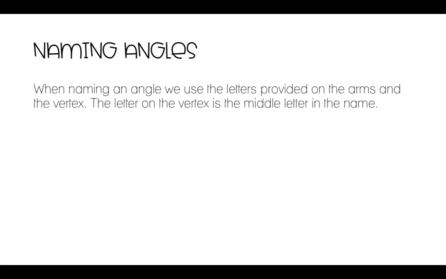And the letter on the vertex is the middle letter of the name. And this will make sense. So here we have this acute angle. Now to name this, we say angle and we make sure the y is in the middle, and then it doesn't matter if it goes x, y, z or z, y, x, as long as that y is in the middle. That's what's important: the vertex is our middle letter.